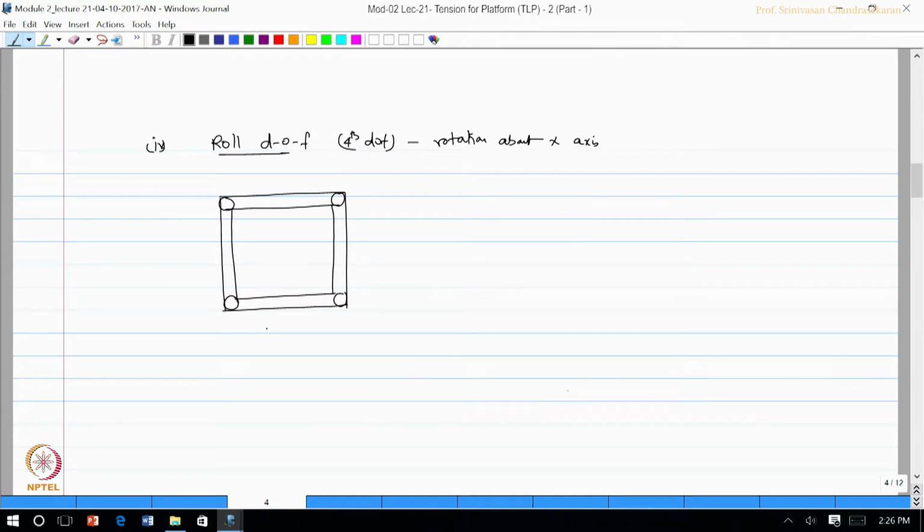So, this is the plan I am drawing. Let us say this is the CG. This is my x axis, this is my y axis in plan, and this dimension I call the plan breadth and this the plan length, and this is my wave direction.